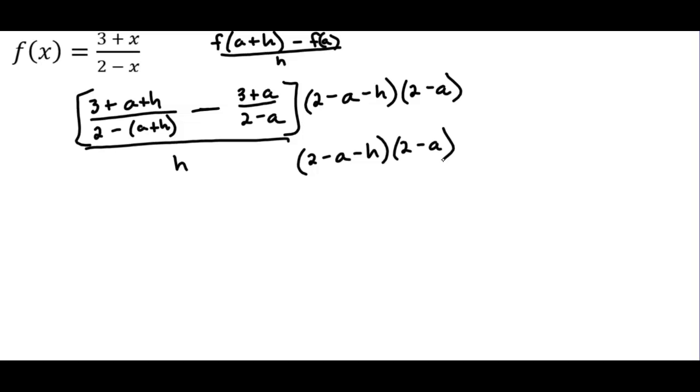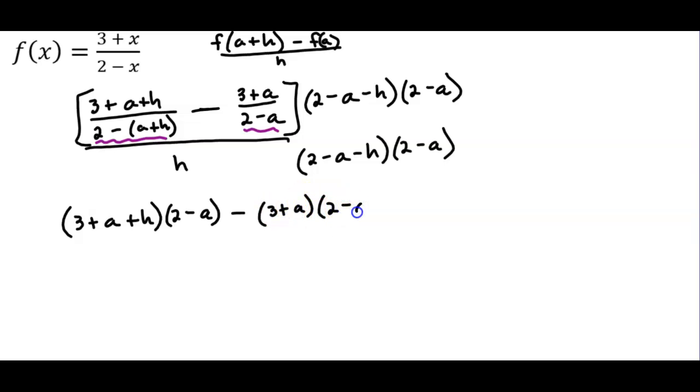In the numerator, I'm going to have, let's see, how can I write this? This part is going to cancel out in the LCD. So I'm going to have 3 plus a plus h times 2 minus a. And then I'm going to be subtracting, and over here this part's going to cancel out, so I'm going to have the 3 plus a times 2 minus a minus h.